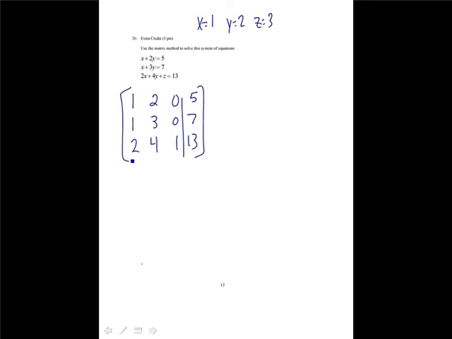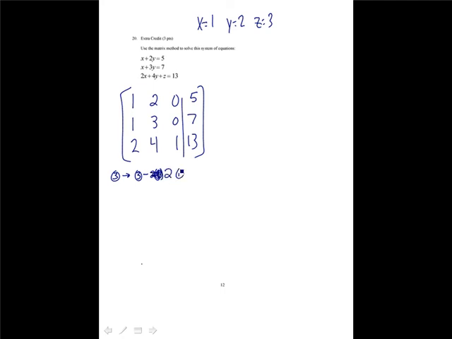Let's see, we could replace row 3 with row 3 minus 2 row 1. Alright, so we'll minus 2 times row 1.